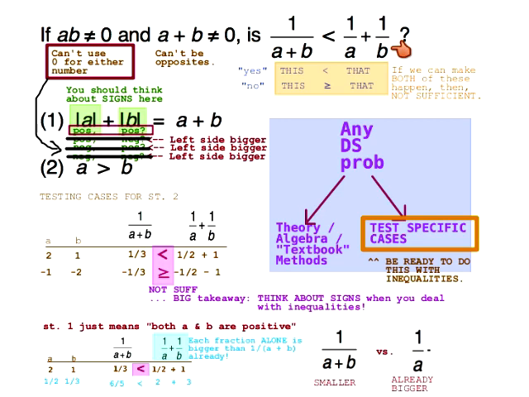Switching a and b in these expressions doesn't change anything, so it can't possibly matter which one is bigger. If it mattered which one was bigger, you would have to have some sort of asymmetric expression in here, like division or subtraction. But if that doesn't jump into your head right away, you just test cases and you're good.